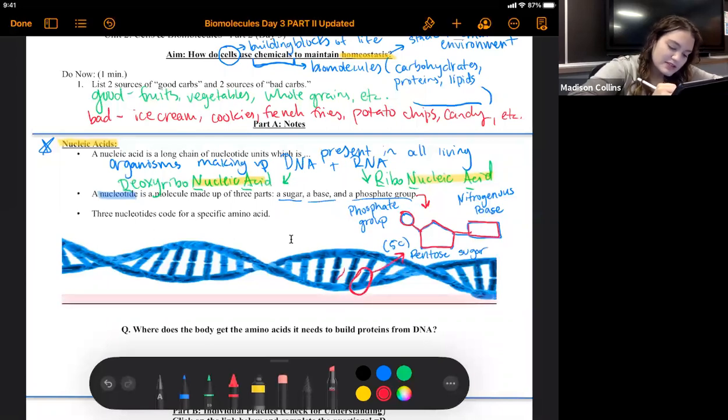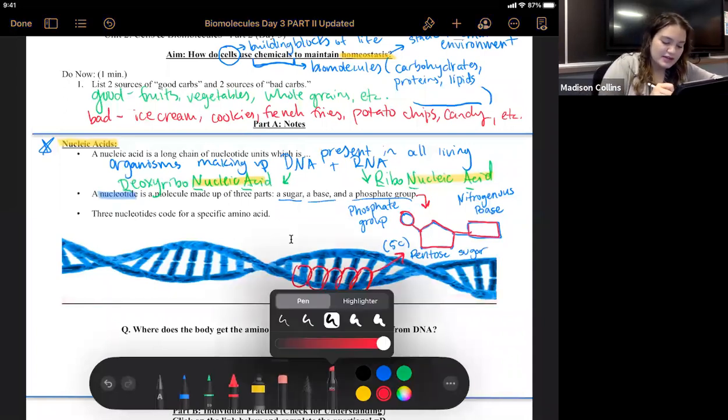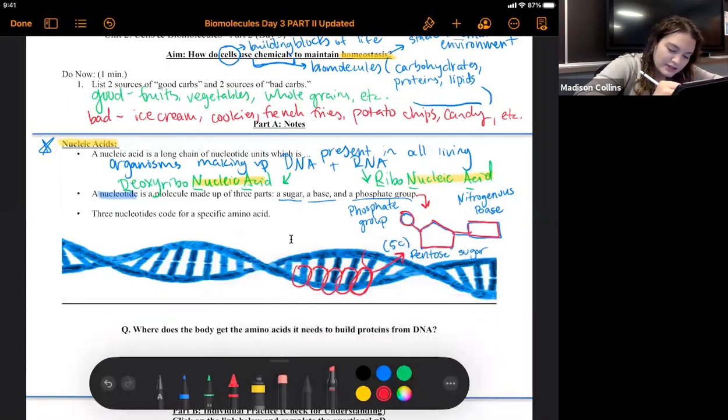Each of these rungs on the ladder is a nucleotide, a long chain of nucleotides that makes up living organisms. Same thing on the other side. This is also a nucleotide over here and right here, and they all connect to form that long chain of DNA. We'll learn more about that later, but you do need to know that nucleic acids are made up of nucleotides, just like this one right here.